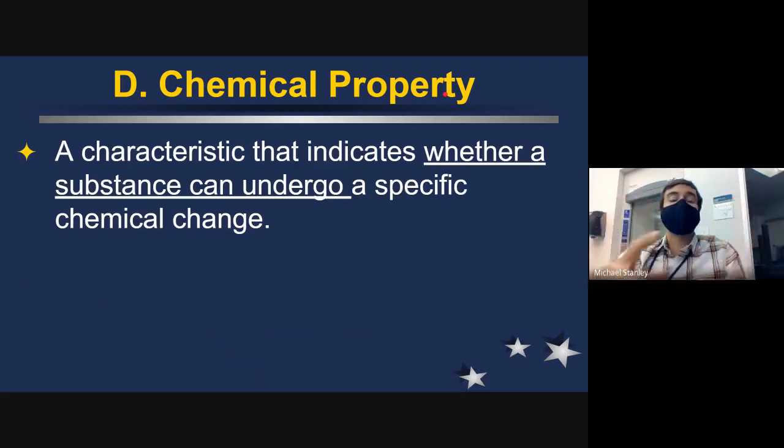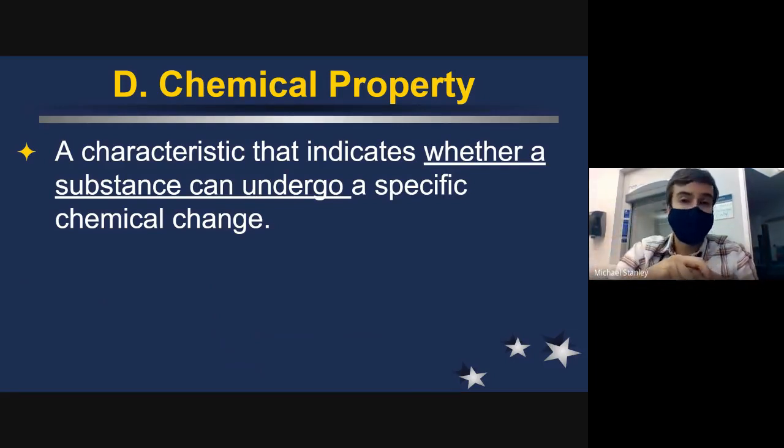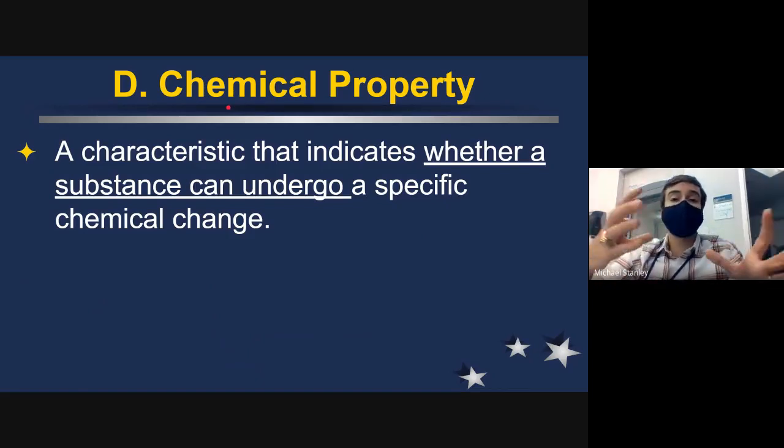So a chemical property is different than a physical property, because while a physical property describes an observation or a description or a measurement of a substance, a chemical property describes its ability to go through those chemical changes.